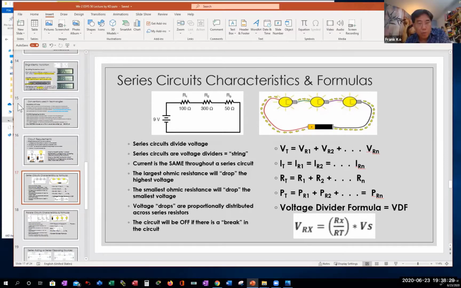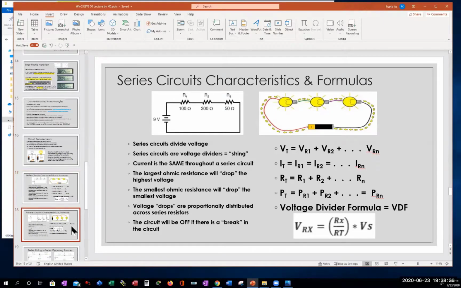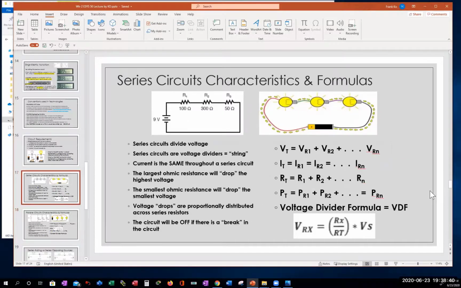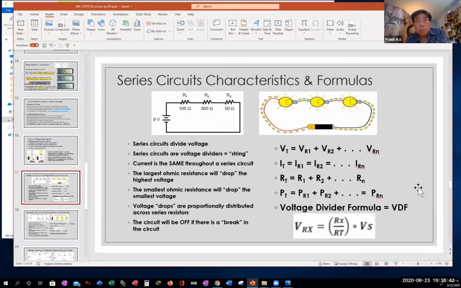Any other questions before we move on? Would we use one of the previous formulas like Ohm's law to calculate current? Yes, we will. The question was, could we calculate current and power and other quantities using the other circle formulas?